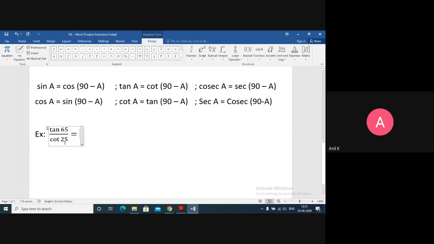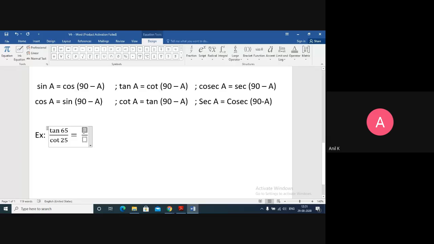But here it is given 25, 65. We don't know the value of tan 65 or tan 25, but still I can simplify it using these complementary angles. First, see, the sum of these two angles will give me 90 degrees: 65 plus 25, 60 plus 20 is 80, 85, 90. So the sum of the two angles is 90.